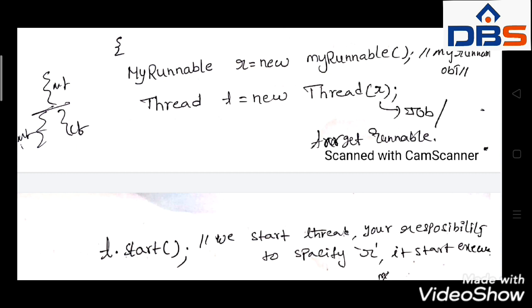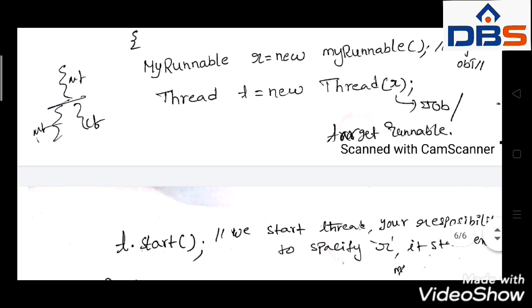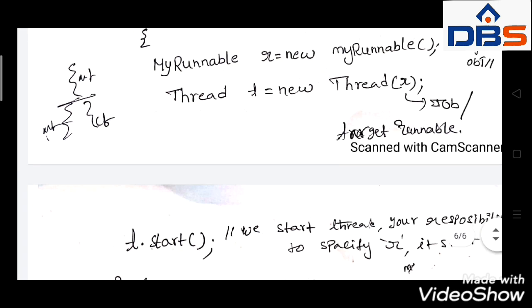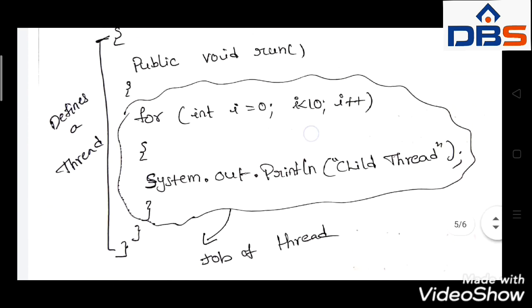That is why we first need to create a runnable object, then we can create a thread object. With the help of the main thread we will execute this runnable object related to the child thread. Then it will take care of the particular statement and print the child thread.